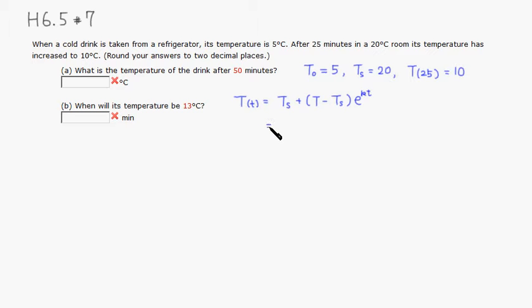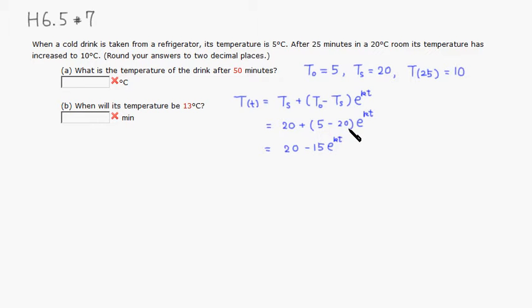The temperature of the surrounding is 20, plus the initial temperature, 5, minus the surrounding temperature, 20, then e to the kt, which simplifies to 20 minus 15 e to the kt.